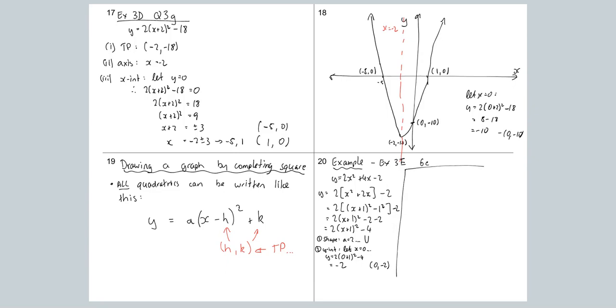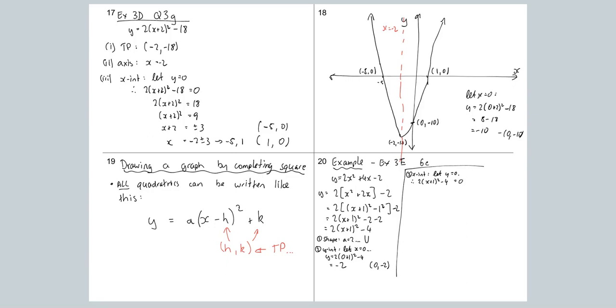The x-intercept is probably the hardest bit here. Let's give it a crack. For the x-intercept, or intercepts, we let y equals 0. So we've got 2 outside of (x plus 1) all squared, minus 4, is equal to 0.